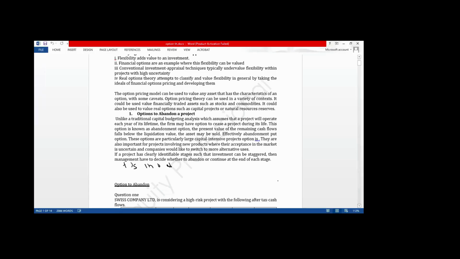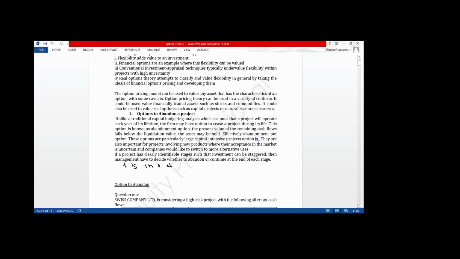It is not compulsory that when you commence a project in year 0, then you must take the project to year 5 or to the final year. You can take advantage of financial flexibility. That is, you can abandon the project pathway and sell the project to another interested buyer. This is the concept of option to abandon.